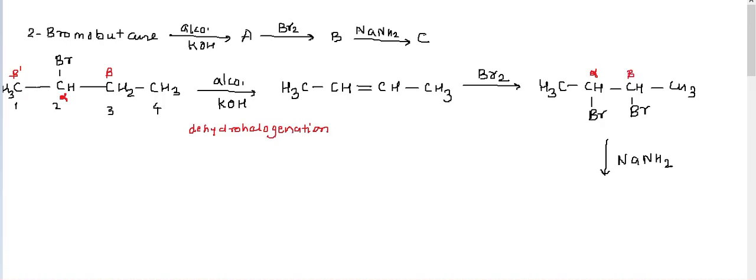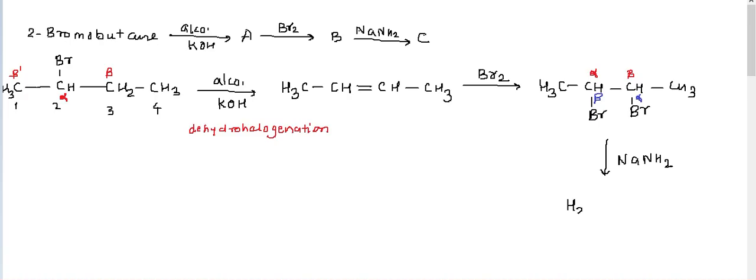Similarly, when bromine is attached to this other carbon, it is alpha and the carbon next to it is beta. So we are going to remove hydrogen and halogen from these carbons.